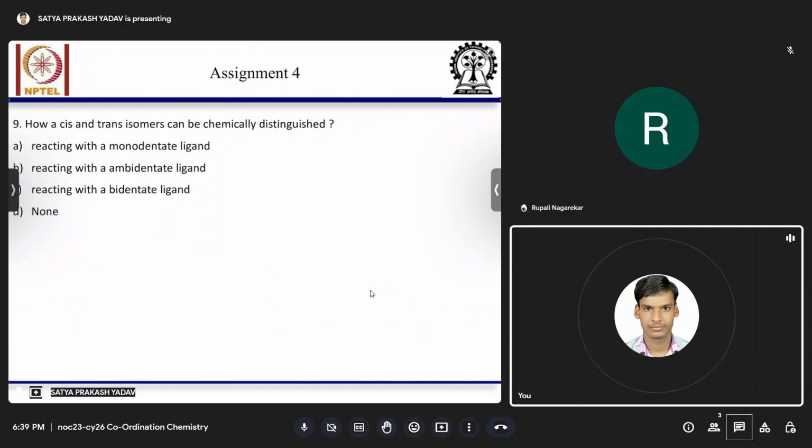How can cis-trans isomerism be chemically distinguished? Reacting with a monodentate ligand, reacting with an ambidentate ligand, or reacting with a bidentate ligand. Option D is no. Okay, let me show you. Now suppose we have Pt(Cl)2(NH3)2, with one cis and one trans.